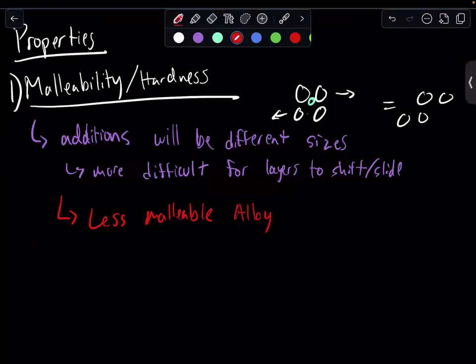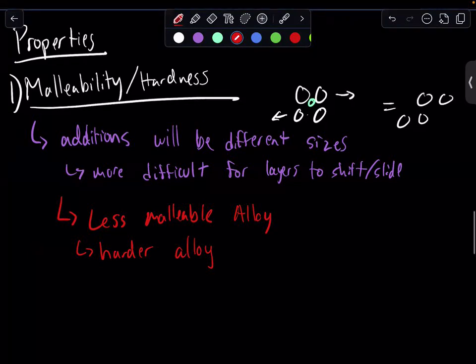So almost always we're going to decrease that malleability, and aligned with that layer of thought, we're going to have a harder alloy. So it becomes less malleable, but more hard.